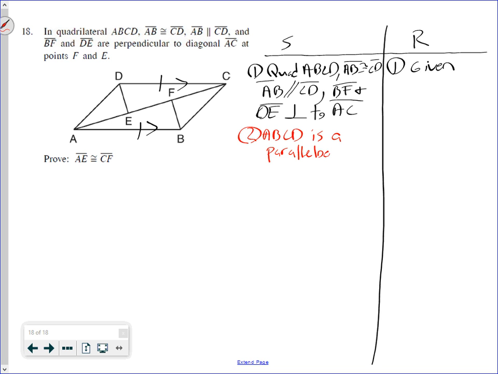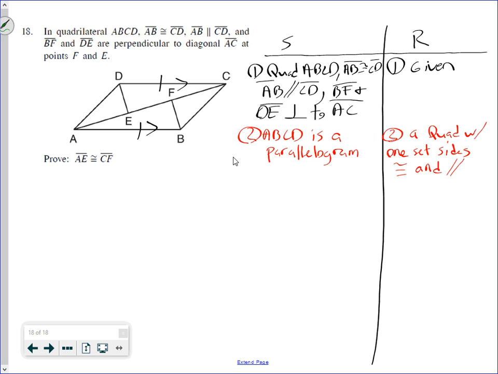So if we state that this is a parallelogram, because all the given information really is in the other two triangles, not the ones we're looking for. So the reason is a quadrilateral with one set of sides congruent and parallel.